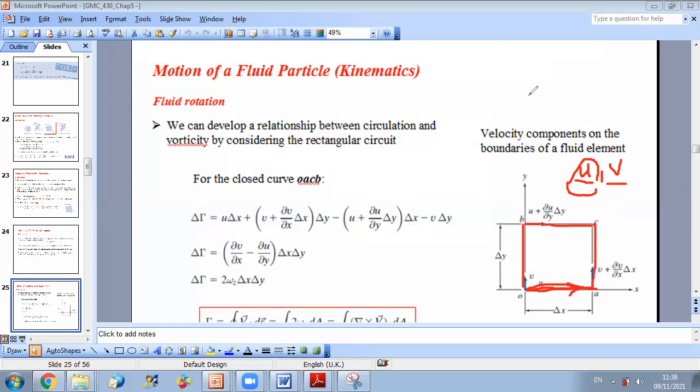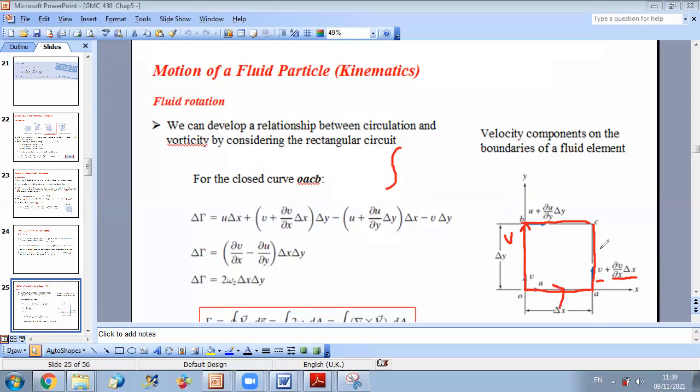Now, of course, u and v vary through your domain, but you can use Taylor expansion to say that if the velocity along OB is v, then the velocity along AC can be defined as v plus del v by del x delta x. And if the velocity along OA is u, then the velocity along BC is u plus del u by del y delta y.